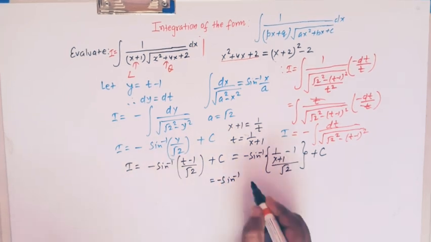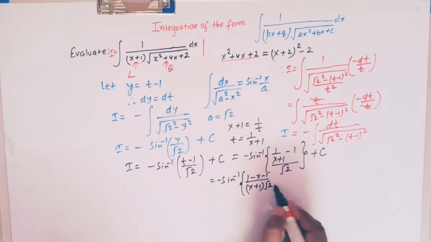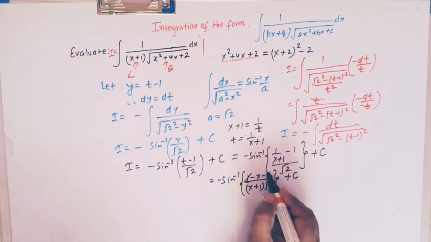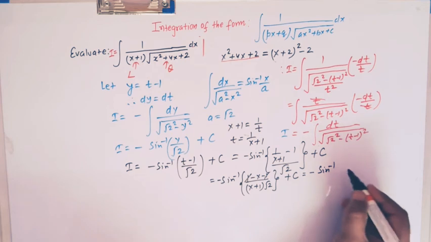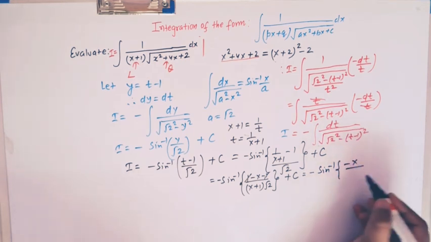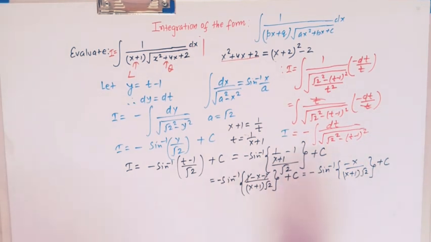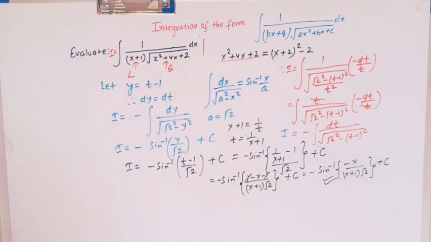Here we have negative sign, and we have 1 minus x plus 1 over x plus 1 times square root of 2 plus c. So this one and this one get cancelled, and we are left with minus sine inverse minus x over x plus 1 times root 2 plus c, right? So this is the required integral of this function, right?